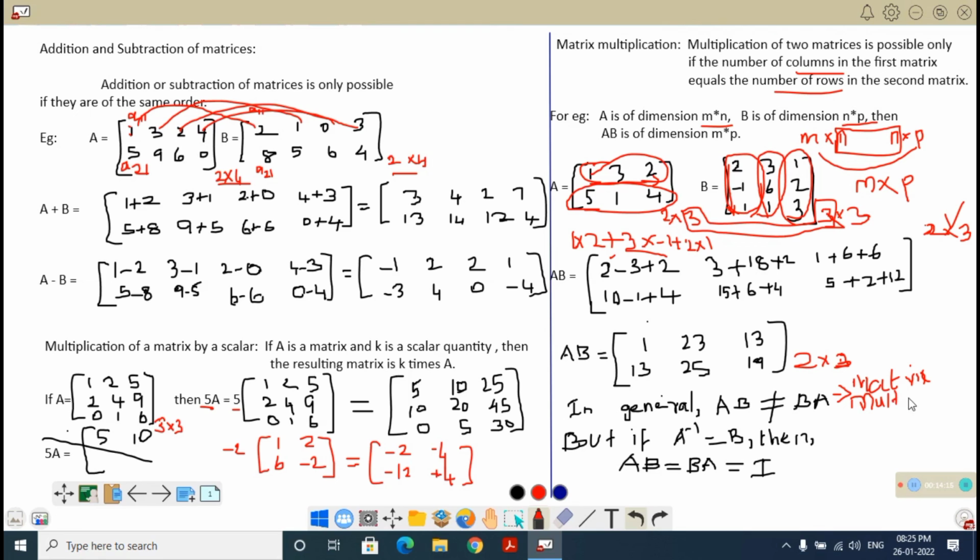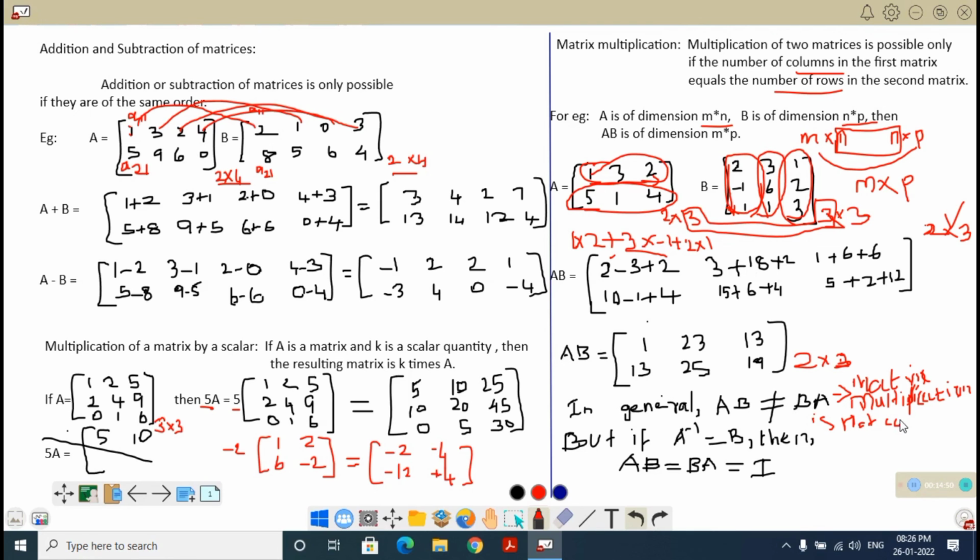But there is one specific case; we will see about inverses in later videos. If the matrices are inverses of each other, that means A inverse equals B or B inverse equals A, then the product will be the same. I mean AB will be equal to BA. In general, matrix multiplication is not commutative.